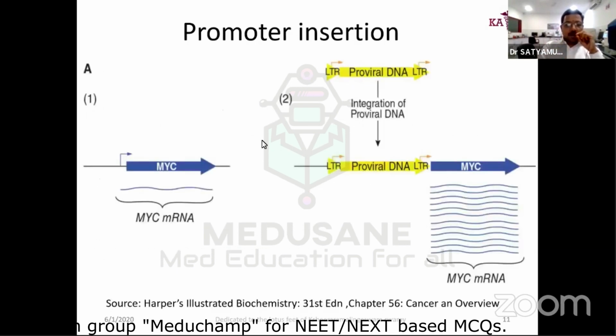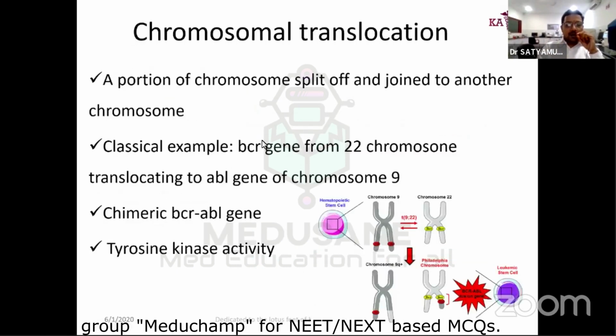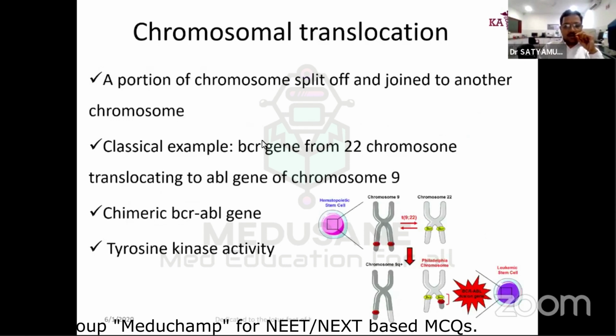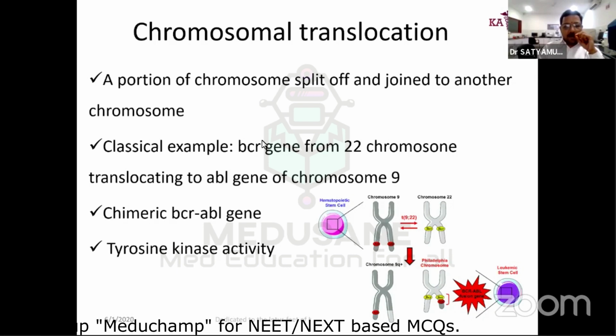Okay, and apart from promoter insertion, there is a classical phenomenon called chromosomal translocation, known from ages. What we know is the BCR gene and ABL. The best example is the Philadelphia chromosome, which we'll be talking about in the case of CML, chronic myeloid leukemia in kids. A portion of a chromosome splits off and joins a different chromosome.